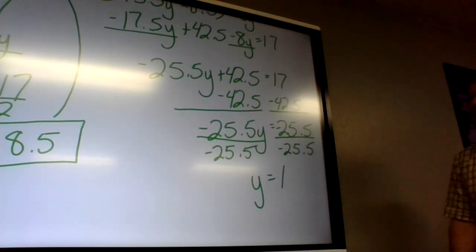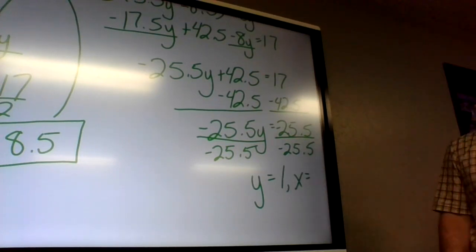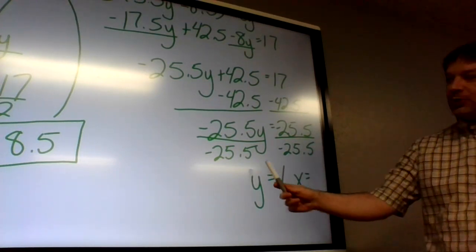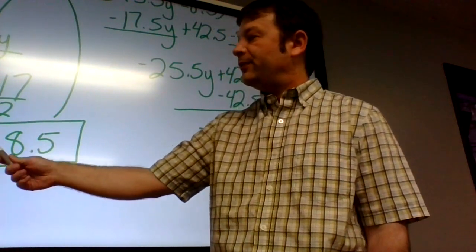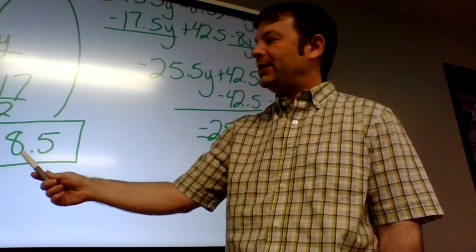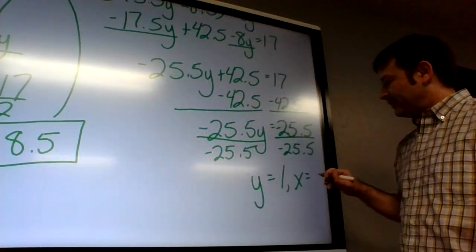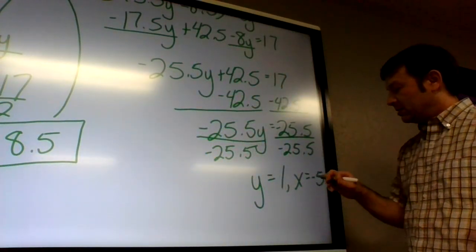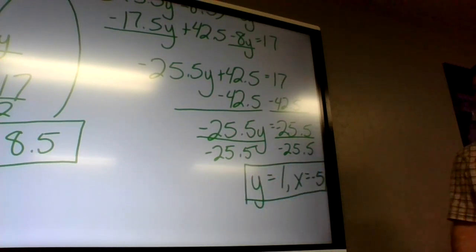So the answer is still not a fraction. Okay, if y is 1, let's plug that right there. 3.5 times 1 is 3.5. 3.5 minus 8.5. 3 minus 8 is negative 5. That would be it.